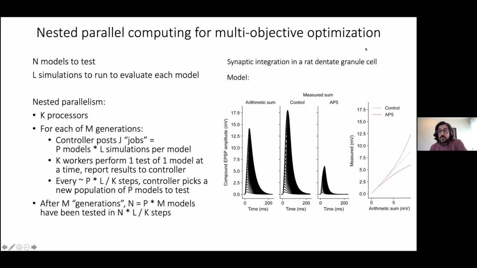And so this is an approach that could be used to try to tune a model to reproduce this kind of synaptic integration phenotype. We had to run a bunch of simulations where we stimulated one synapse at a time. Then we ran them where we stimulated more than one synapse together. And then we repeated it all with an NMDA receptor blocker. And so this approach can be used to tune this kind of complex feature of a neuronal cell model that requires that many simulations be executed.